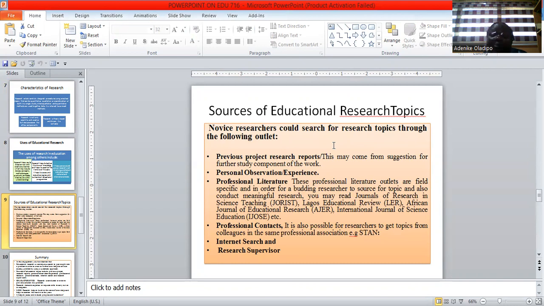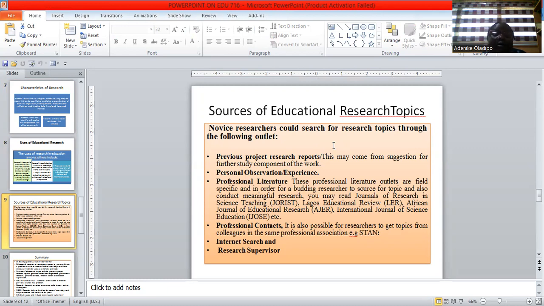Good research reports will show areas to further push forward the research work that has been previously done. So when you pick projects, you can actually read and see where the author indicates the areas for further research. And that can be a source of educational research topic for you.